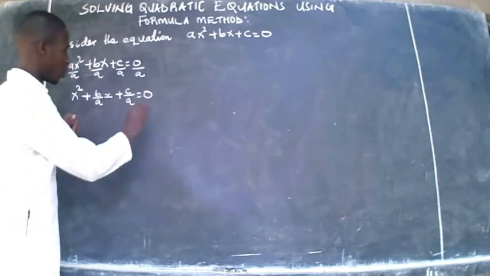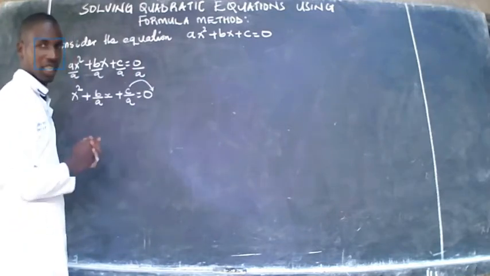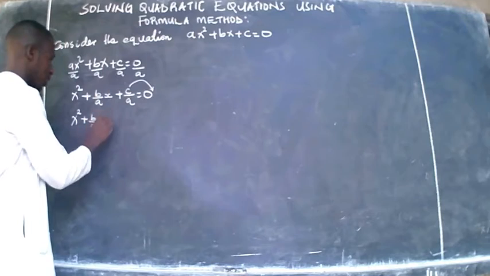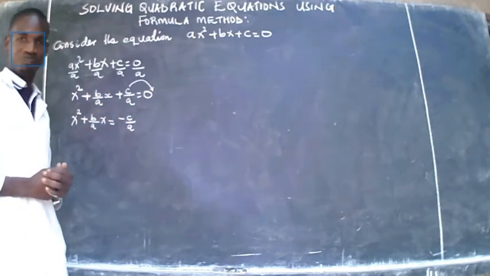Then we take the c over a to the other side, and we shall have x squared plus b over a x equals negative c over a.